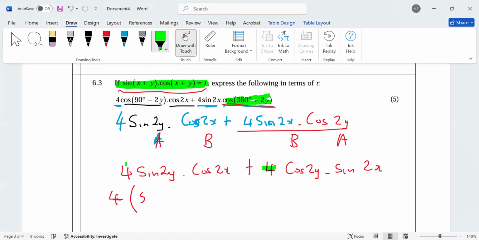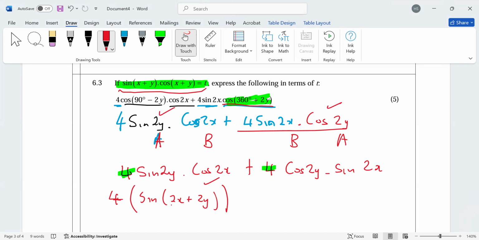Can you see that, Tavish? Yes. And then this is going to be written as the sine of 2x plus 2y. Doesn't matter if you say 2y or 2x at the end of the day. Do you agree? Yes. We'll give you a mark for reducing this one, a mark for also reducing this one, and a mark for simplifying this.